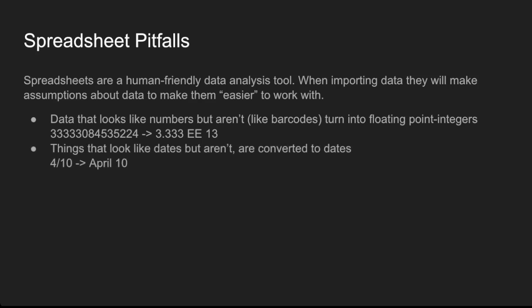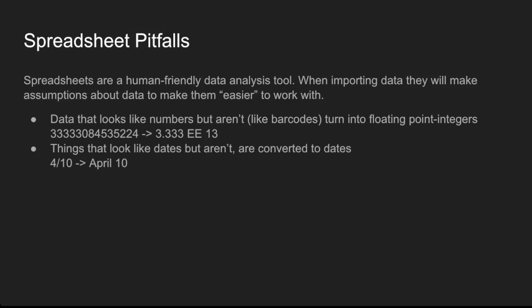Another thing that happens that you might have noticed is something can look like a date. And then all of a sudden the spreadsheet's like, well, I know what dates are, so I'm going to convert this into something that looks like a date. So if you have a rating scale in one of your columns, for instance, and you say in every single row, this is 1 out of 10, 4 out of 10, 2 out of 10, etc., there's a very good chance that your spreadsheet program, when you import that data, will say, you know what that is?